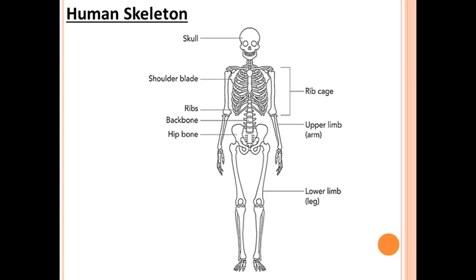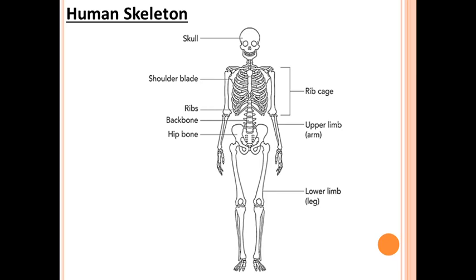How is it possible? See, as we are growing up, whatever bones are there, they are joined together and then the number is 206. Okay, so when you were a child, your body was having more bones.